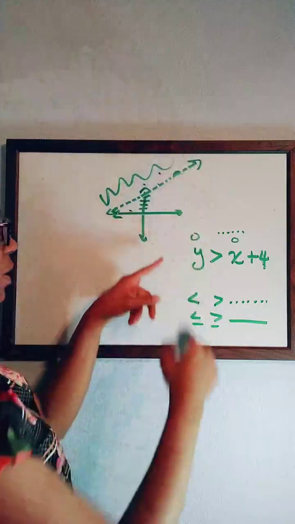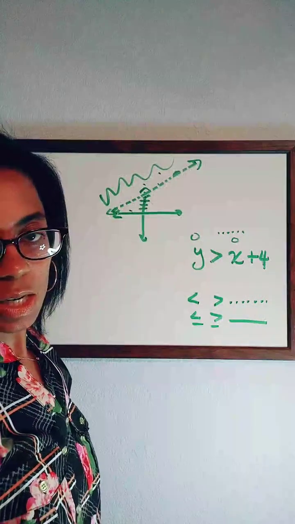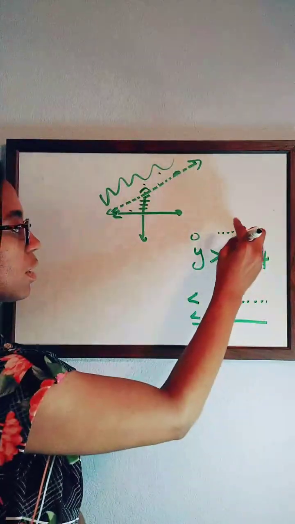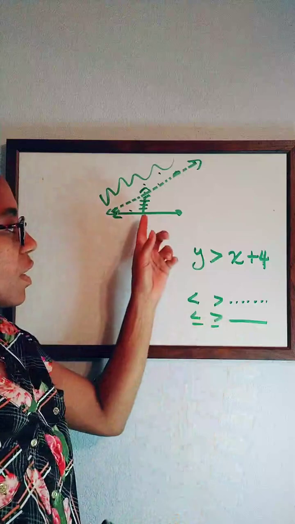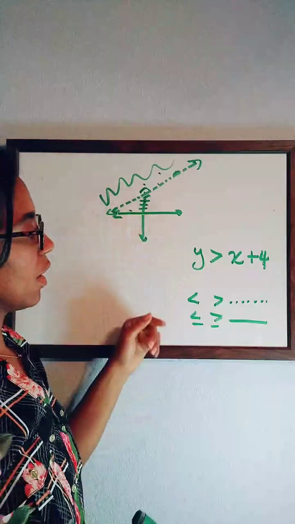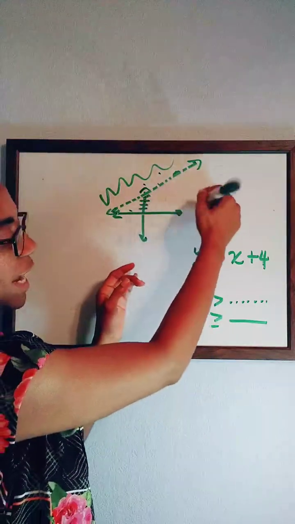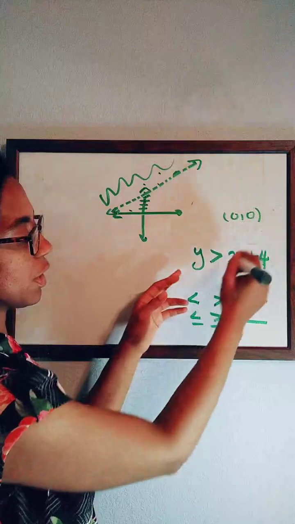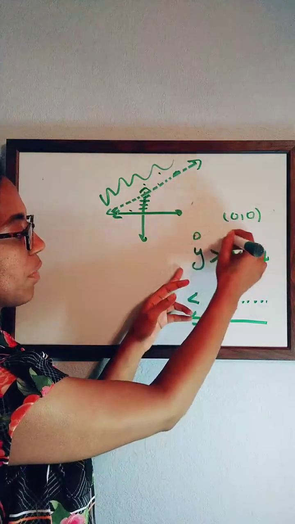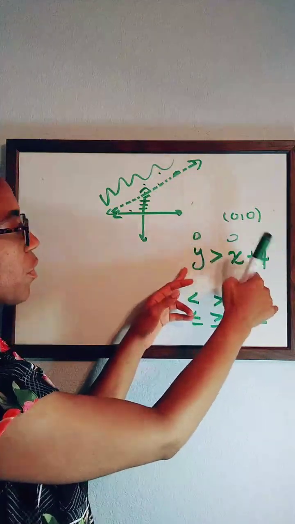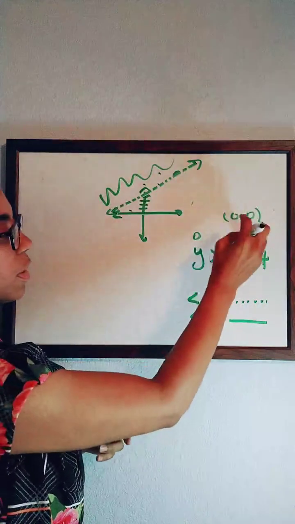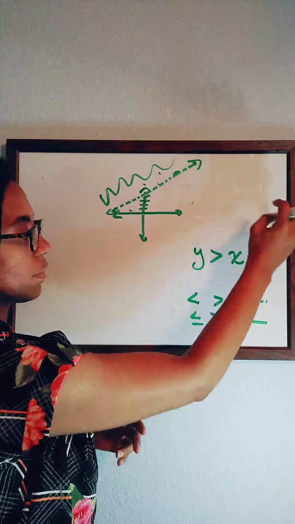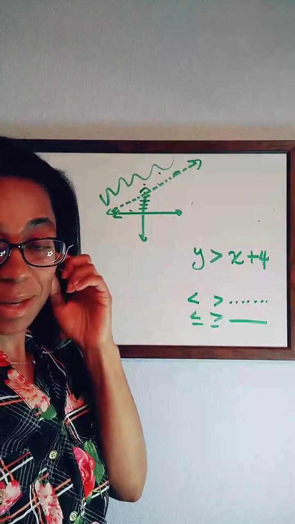No. So you shade up here. I always tell them use a test point, because you're going to shade where the answers are. So if I did the point 0, 0, if it's included, I would shade where it is. But if I know that 0 is not greater than 4, then I'm going to shade up here, which is above the line. Does that make sense?